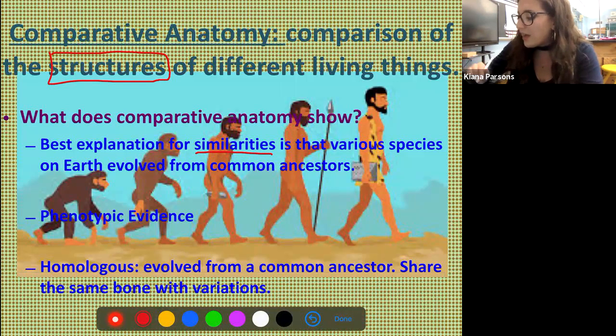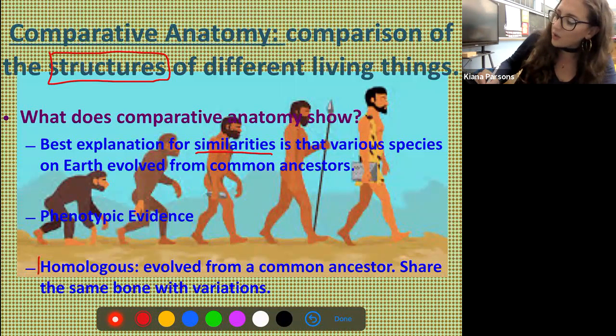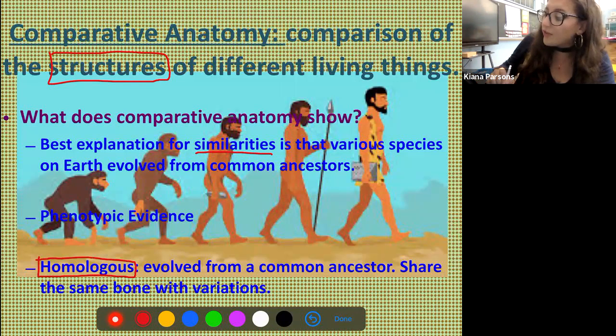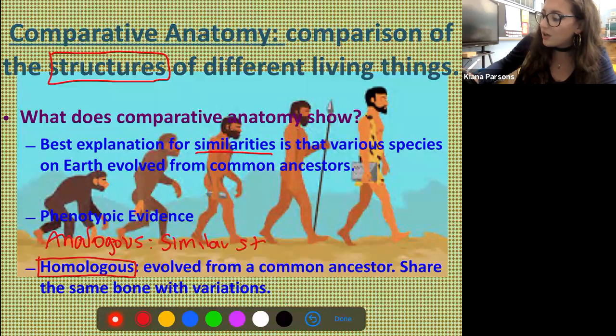And also there is a word here, so homologous is organisms that evolved from a common ancestor. They share the same bone variations. And analogous means similar structure, different ancestry.